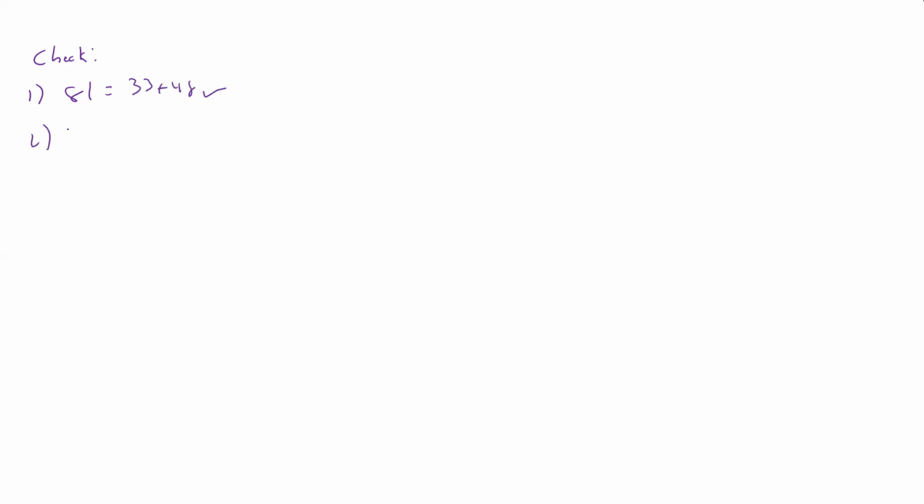For 2, that was 66 plus 33, and that's supposed to be equal to 81 plus the 18. Well, that's 99 equals 99, so that works. And the last one, 81 plus 66 plus 33 is supposed to be equal to 180. Well, that's 99 plus that, so that's going to be 180, and yep, that works.